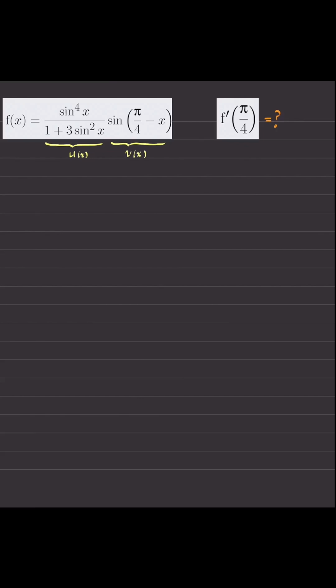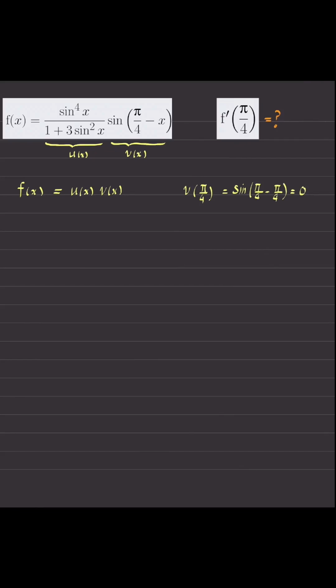So the function f of x is equal to the product of u and v. But the important observation here is that v calculated at pi over 4, which is the point given in the problem, becomes sine of pi over 4 minus pi over 4, which is sine of 0, and it is 0. So let us see how this will help us.